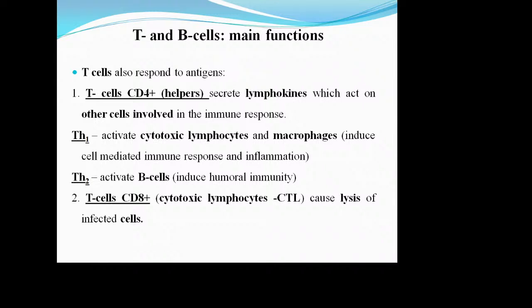It is called cell-mediated immunity. Th2 activate B cells. That is humoral immunity. B cells then produce plasma cells that secrete antibodies. So T helpers, CD4 cells, are one of the main regulatory cells in immunity.